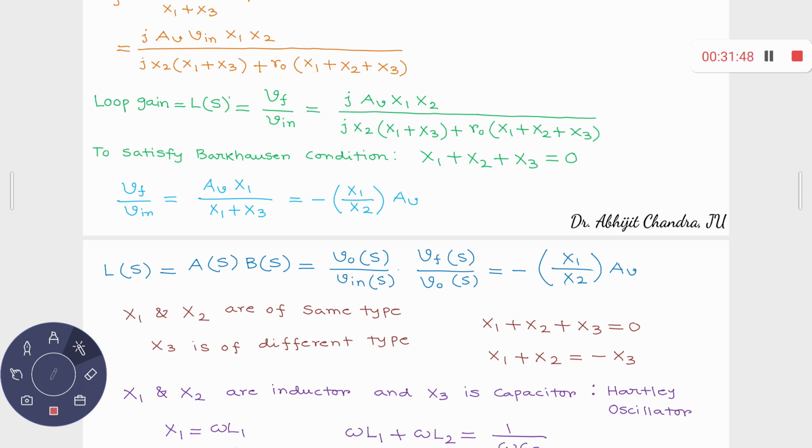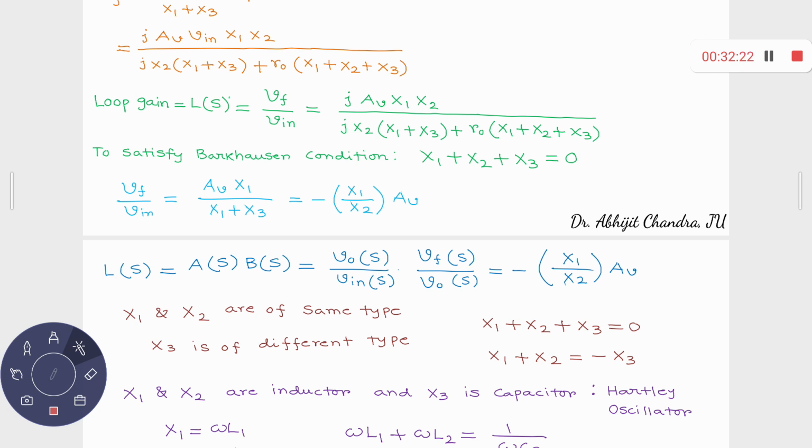And if they are capacitor, then 1 by omega C1 by 1 by omega C2. So this x1 by x2 will be independent. Can you get the point? So either x1 and x2 both are inductor, or both are capacitor, so that this ratio is not a function of frequency. Otherwise, obviously it will have the corresponding phase shift that you don't want.